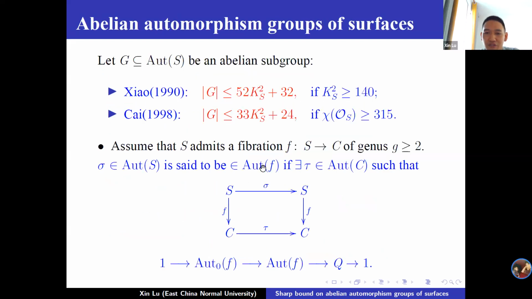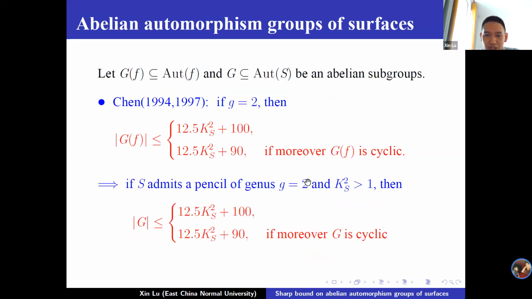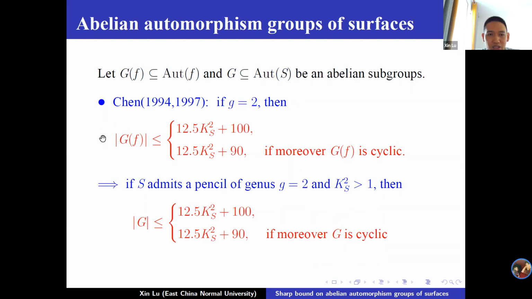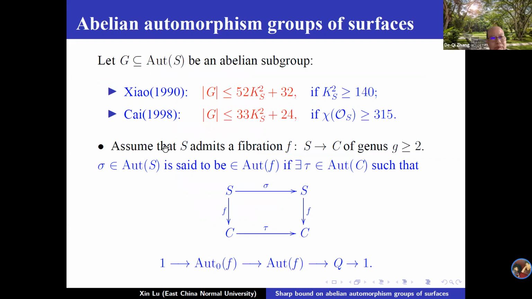Here, if the pencil has a base point, then we have to blow up this base point and get a fibration on this blown-up surface, and then we will use the result on the fibered surface case. And here, okay, I'm sorry.